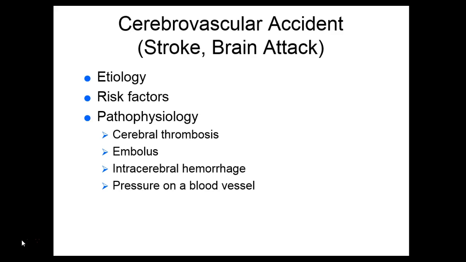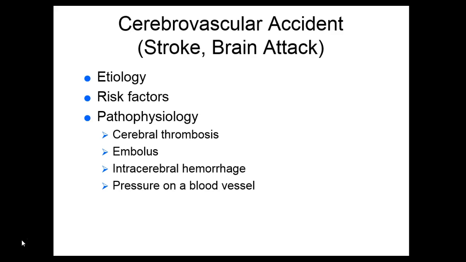The pathophysiology of a stroke: it is a result of an interruption of blood flow to a specific area of the brain, which causes cerebral ischemia, and that directly causes cellular necrosis and infarct.